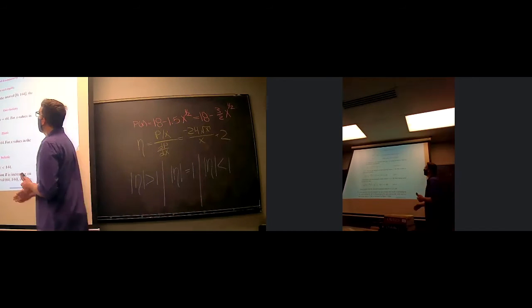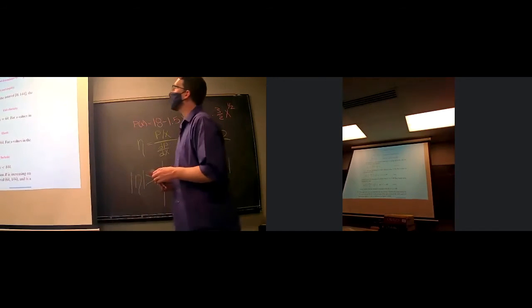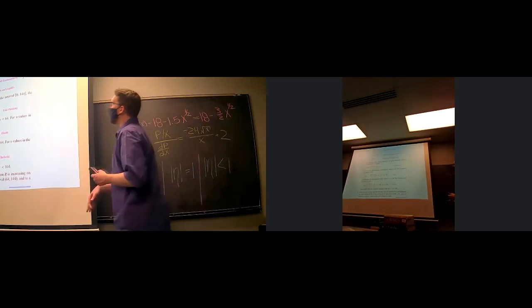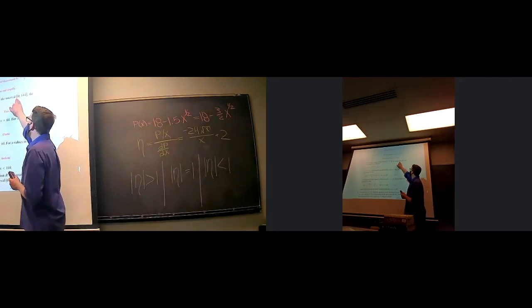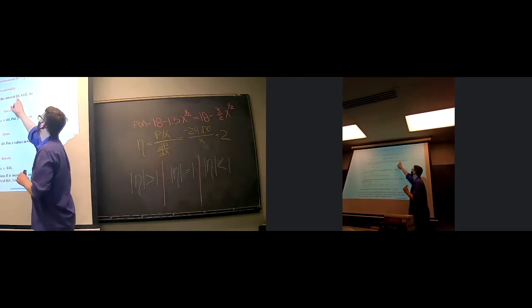So eta is equal to 1 in the interval 0 to 144. My mistake, when x is equal to 64. We're trying to find the unit elasticity in the interval 0 to 144.